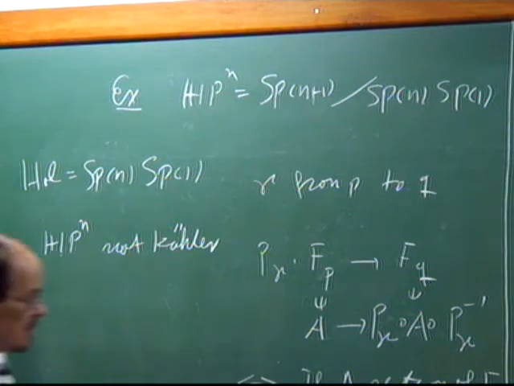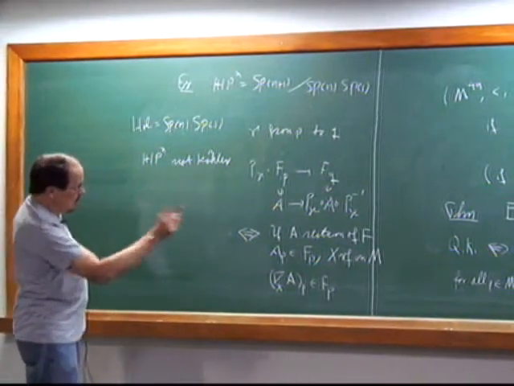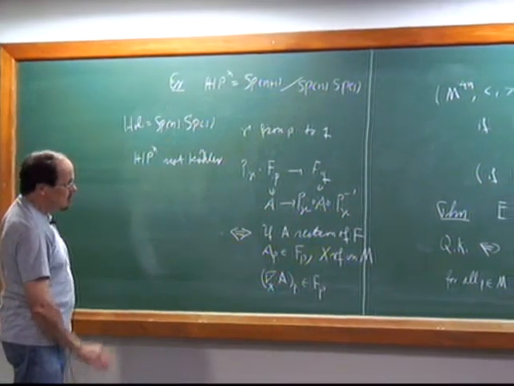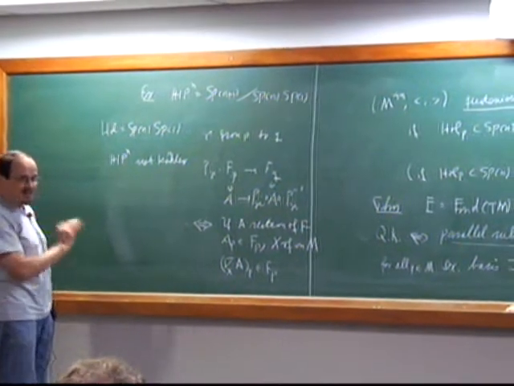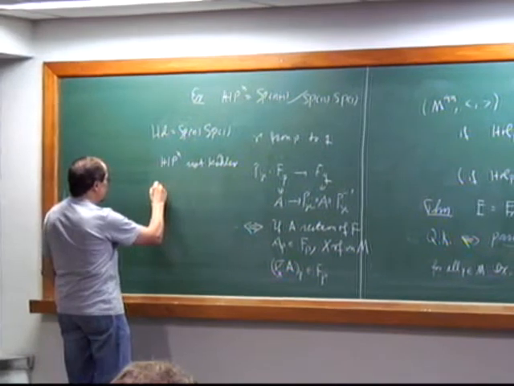So that means that these complex structures here can't be parallel. You can't have any parallel complex structures, so no parallel section of the bundle. That's impossible. The bundle itself is parallel, but there are no parallel sections. So that's the difference.